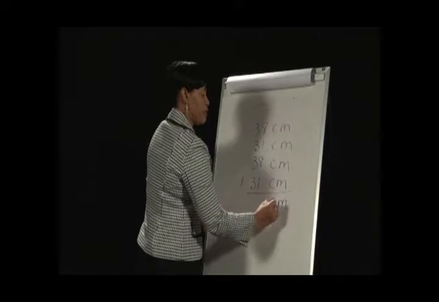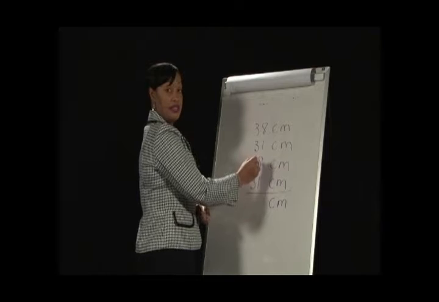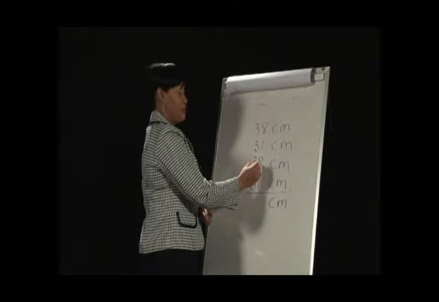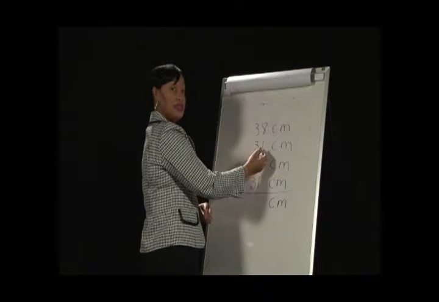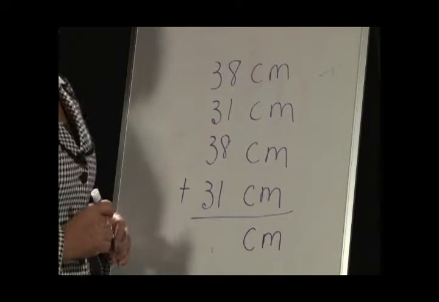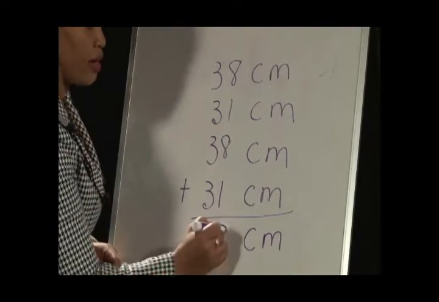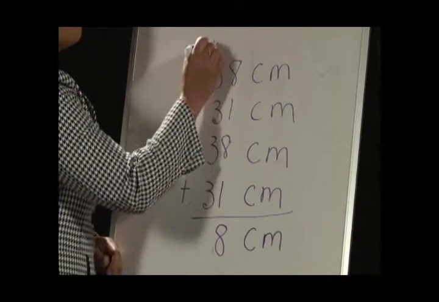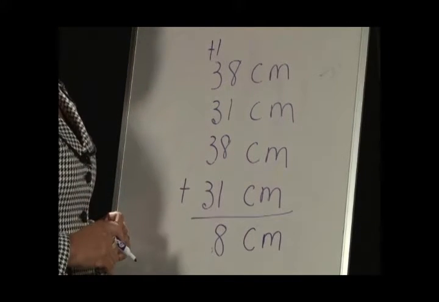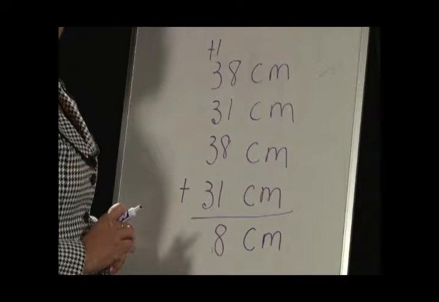So we place it here. 1 plus 8, 9. 9 plus 1, 10. 10 plus 8, now we have 18. We place our 8 ones here, and we take one group of 10 over to the other side. 10 plus 8, still 18.